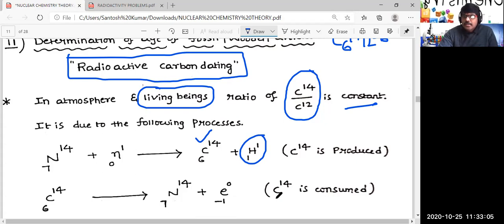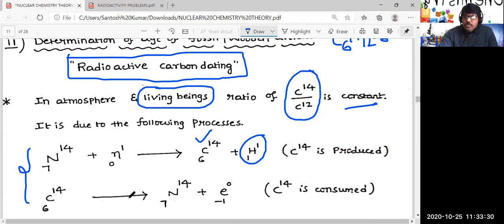As a result, C14 is consumed, and C14 is produced. If you carefully observe, these two are chain reactions. Because of this disintegration, you are getting N14. N14, when it is hit by neutron, gives C14. C14 is unstable, it is undergoing beta emission.